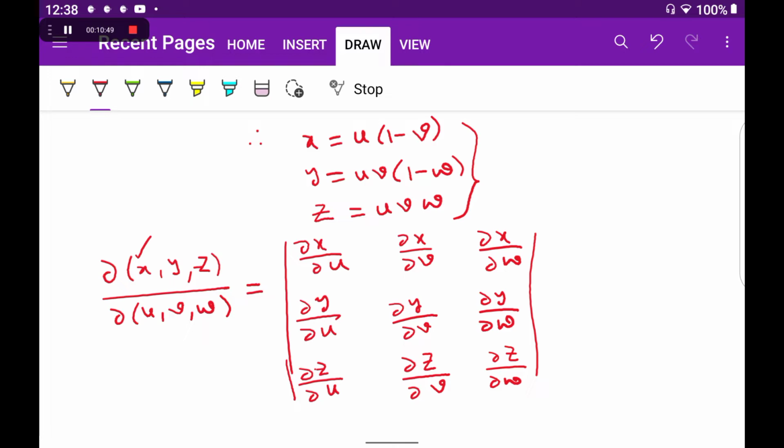So what is dou x by dou u? We have to differentiate x with respect to u.